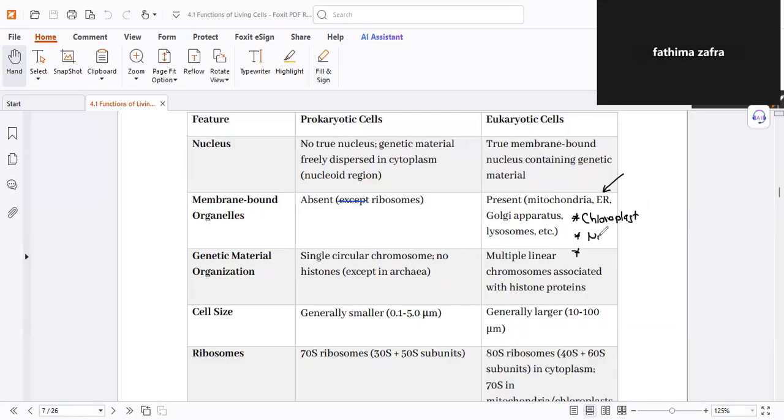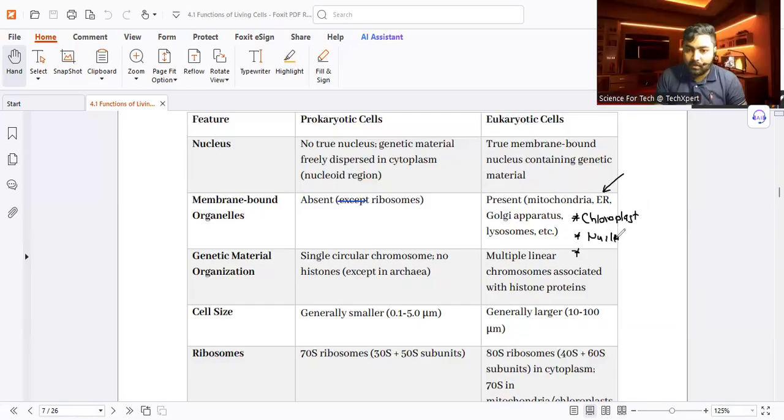And there is another one, mitochondria. Can you write down this one, and write double membrane. This is important.